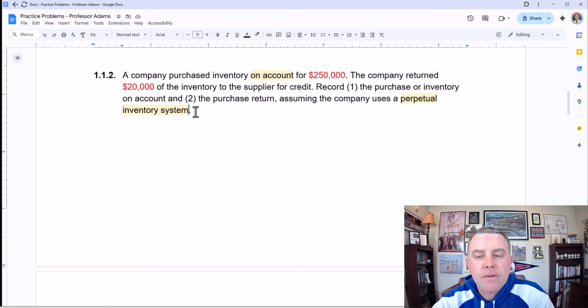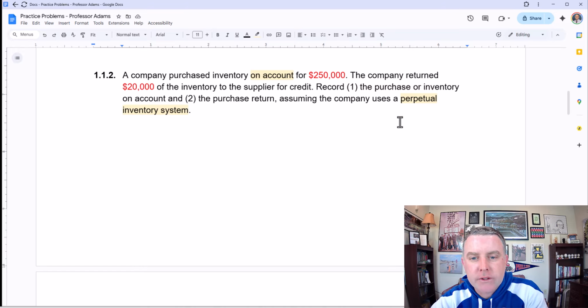A periodic system would rely on a physical count of the inventory to come up with cost of goods sold and inventory.